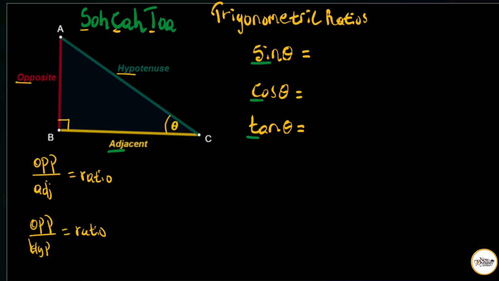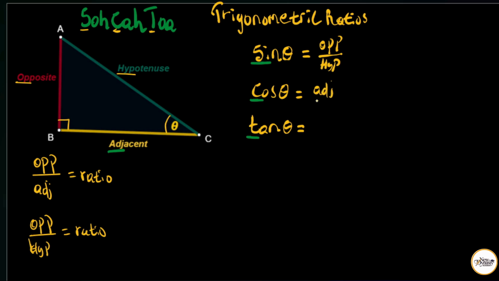So for us to be able to define the sine ratio, we use the opposite and the hypotenuse. So our sine ratio, I'm going to take only the first three letters of the word opposite and the first three letters of the word hypotenuse. So the sine of theta, which is this angle here, it is the opposite over the hypotenuse. Still using SOHCAHTOA, the cos of theta, it is the adjacent.